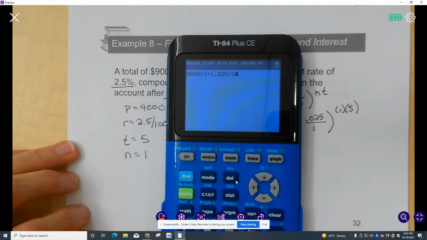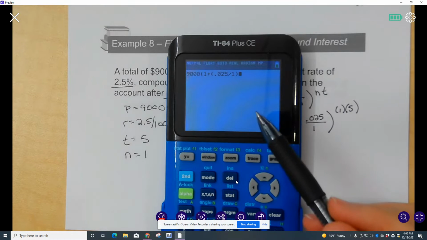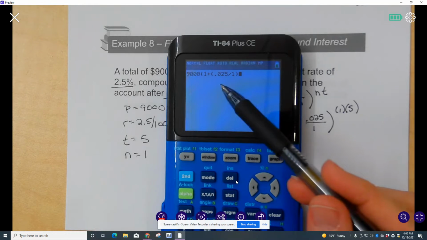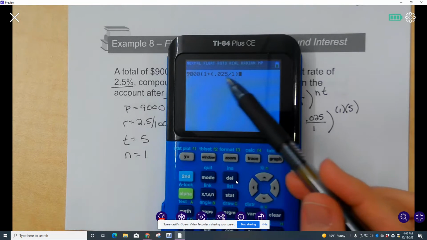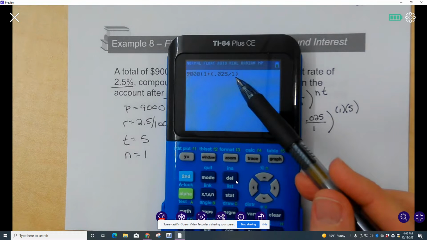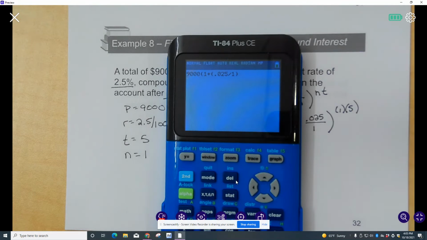Now, I know divided by 1 is just going to be 0.025, but I wanted to show you to put that fraction in parentheses, and then another parenthesis, and then to the exponent, which I put in parentheses also, n, which is 1, times t, which is 5.